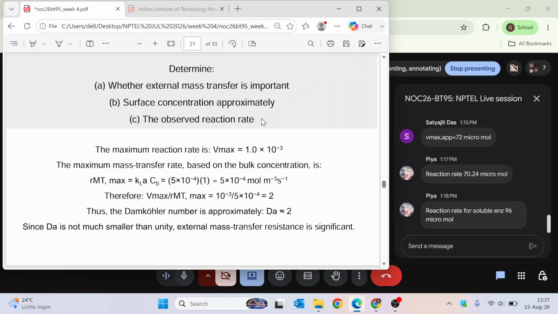So when people talk about external mass transfer, whether it is important, significant, all means the same. For that you will require your Dam-Kohler number. Based on the value of the Dam-Kohler number, you will say if the external mass transfer is significant or not. So if it is less than 1, then it's other case, but here you have a Dam-Kohler number of 2, which means your external mass transfer is significant.